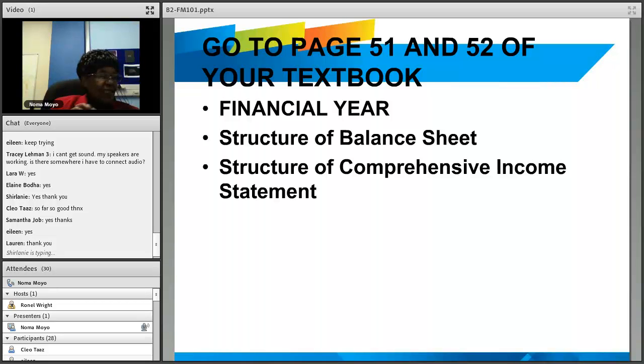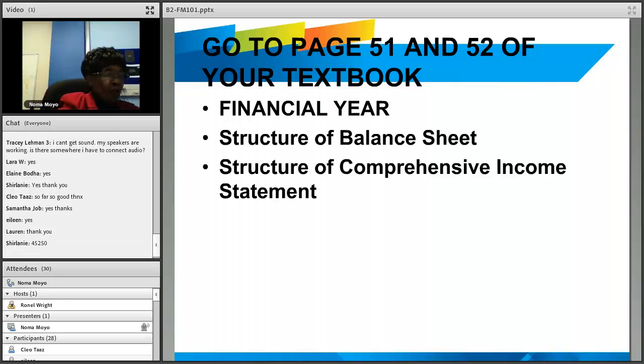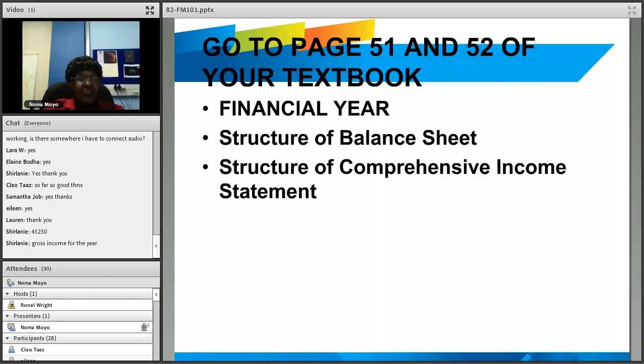What is on page 51 is the statement of profit and loss, but I want us to look at the balance sheet, which is on page 52. You will see the equation that we've been looking at. It starts off with non-current assets. Non-current assets are those that are of a more permanent nature, those that cannot be easily changed into cash.